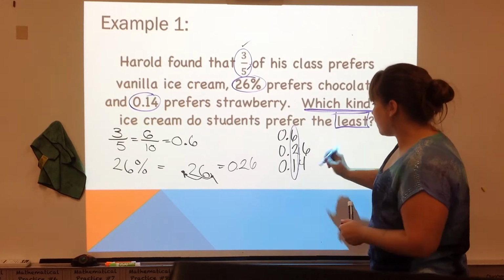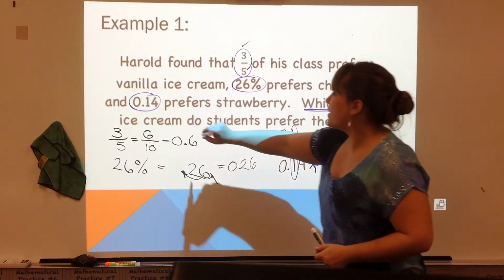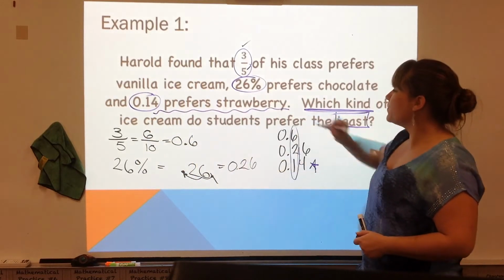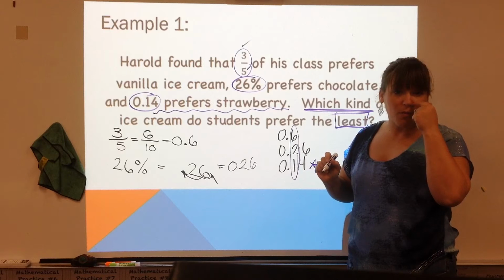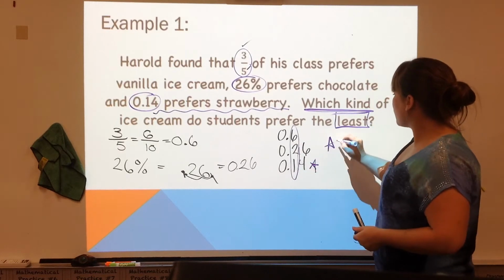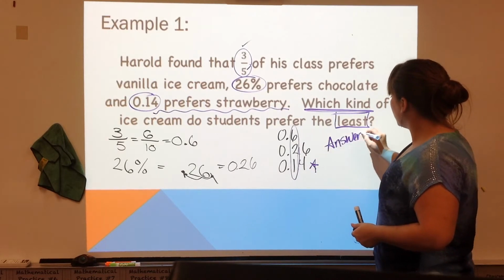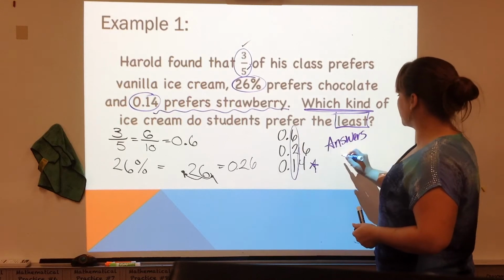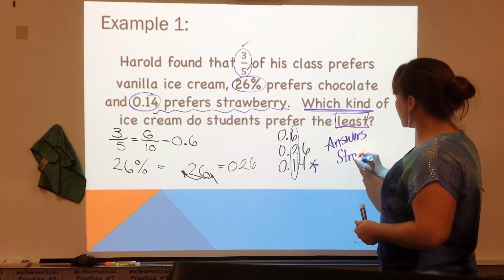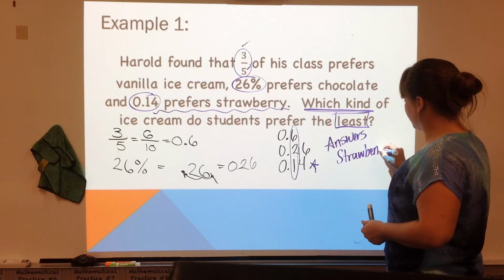So that is the 14/100. Then I look back into my problem. What kind of ice cream was that? That is strawberry. So my answer, which kind of ice cream do students prefer the least, is strawberry.